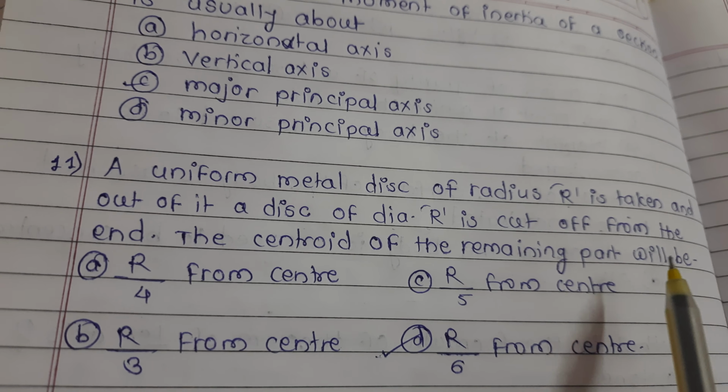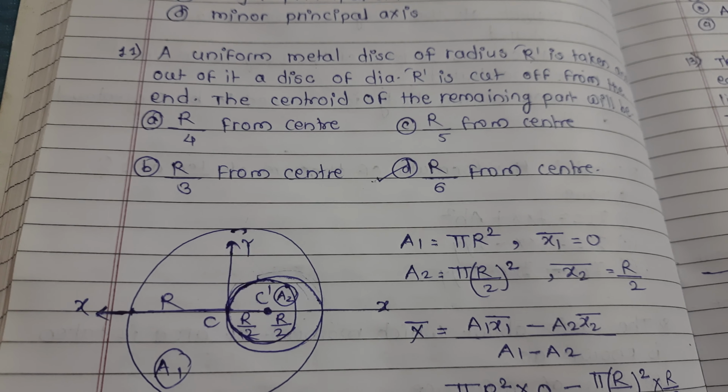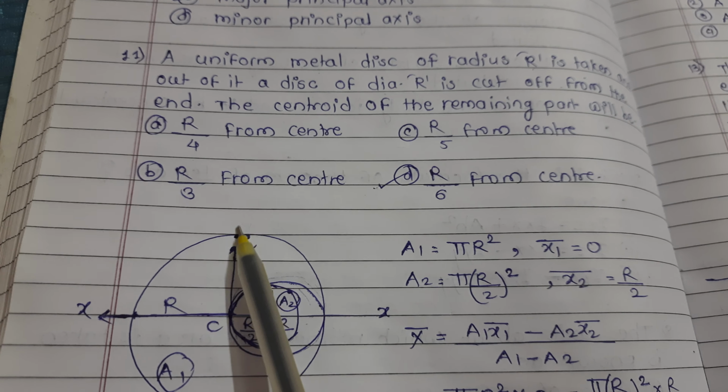See the options: centroid from center. If we take the y-axis and x-axis, then the circle is symmetrical about the y-axis and x-axis. Then we can find out capital X bar or capital Y bar. The coordinates of the centroid of this circle are 0, 0.